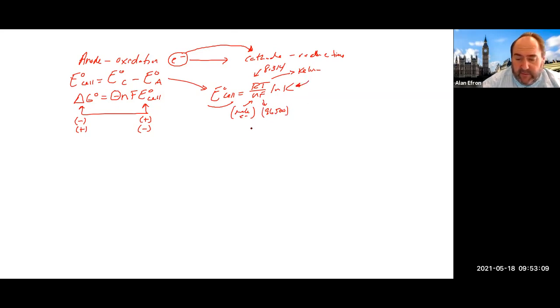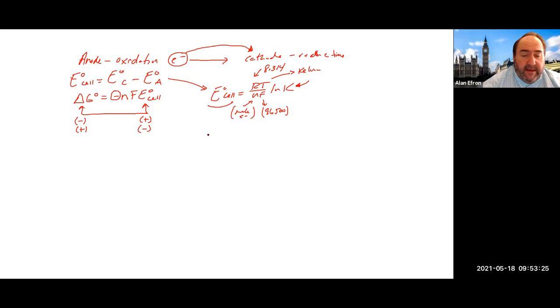The relationship that we see here is one that we would expect, looking at all these relationships. They all tie together when you're calculating the equilibrium constant.